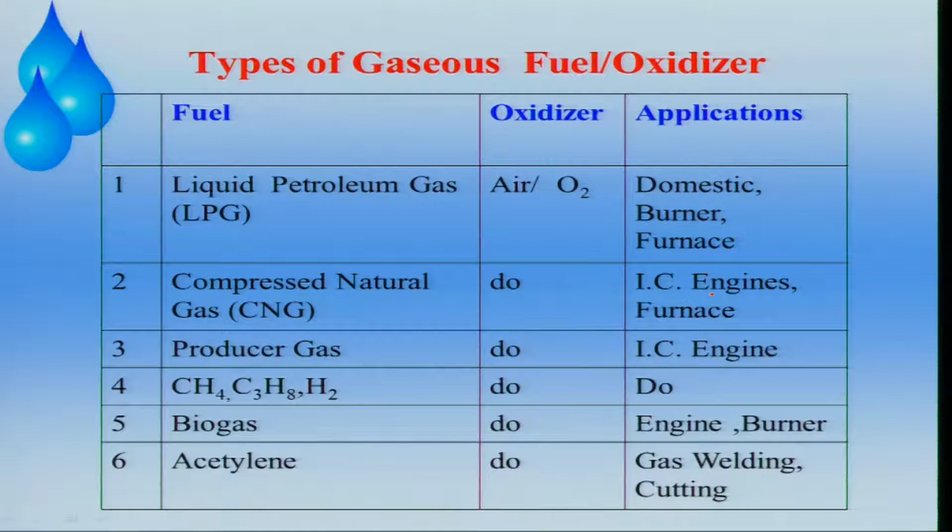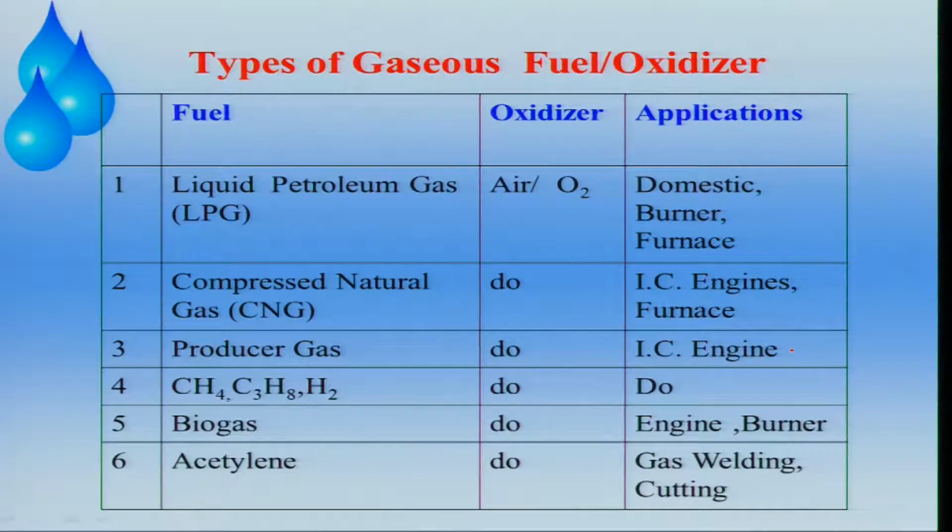Therefore, it is being used in IC engines, furnaces and several other places, like producer gas. Again, biomass can be used, and even from coal one can get producer gas. People are talking about the gasification process as a better way of abating the emission level from power plants.